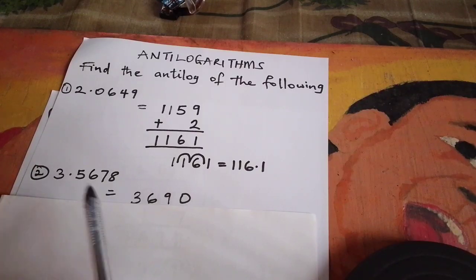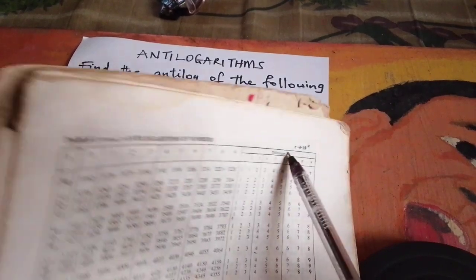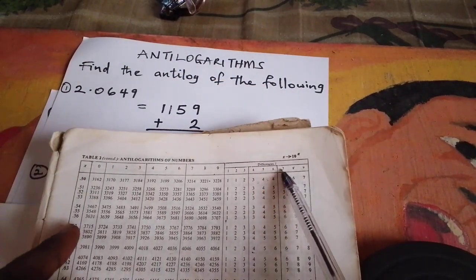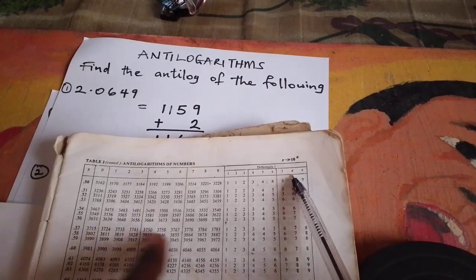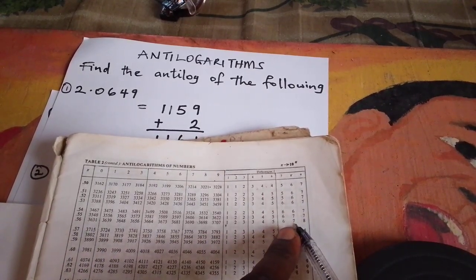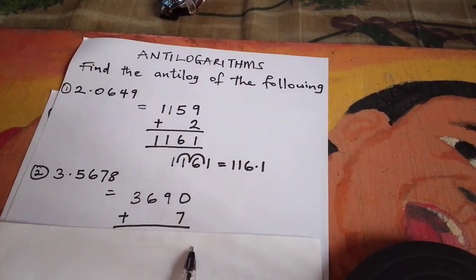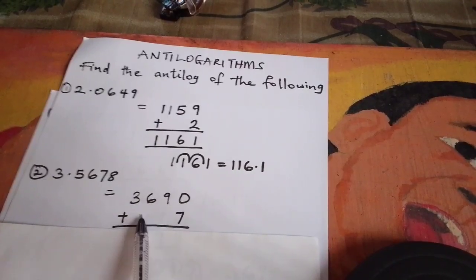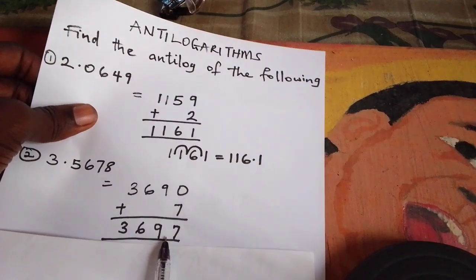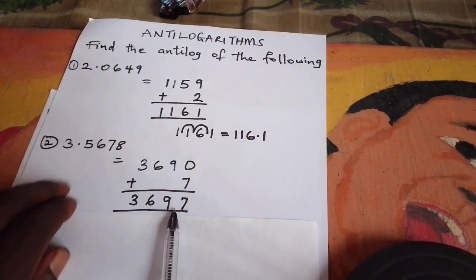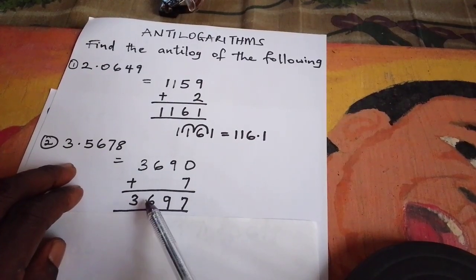Then under 8. So you come to the differences, 8. This is 8. Then this is 0.56. On that line, where do they meet? We have the number 7 there. So that means you are going to add 7 to 3690, which will give you 3697. Now after doing this, it is taken that the decimal point is between 3 and 6.